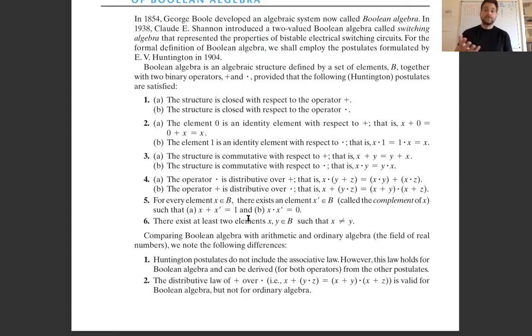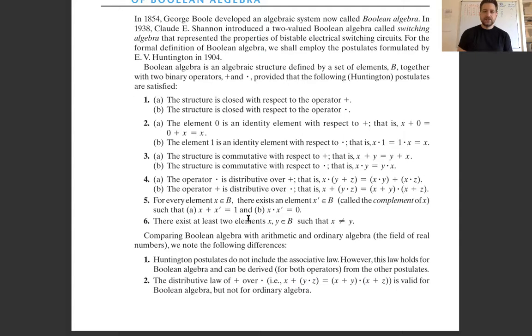Okay, so the element 0 is an identity element with respect to the operation defined as the plus sign. Okay, x plus 0 is equal to x.